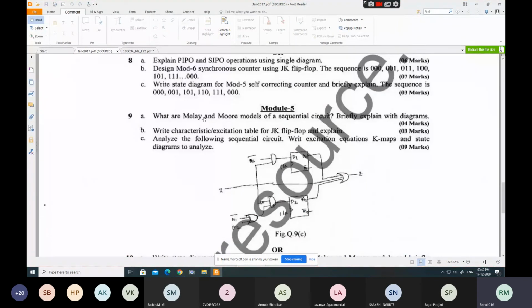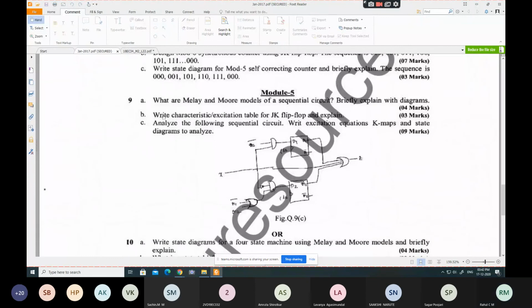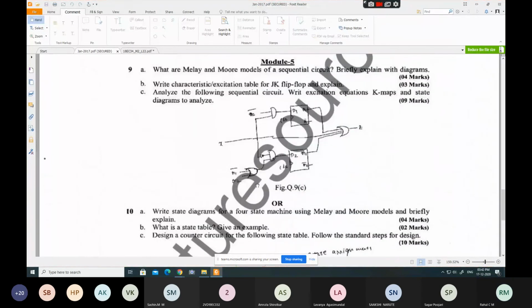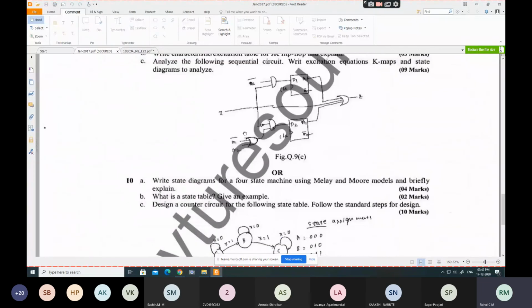What are Mealy and Moore models for sequential circuits? So we have to define Mealy and Moore models here and briefly explain the diagrams. This is done in the regular class. Characteristic equation or excitation table for JK flip-flop and explain. Analyze the following circuit for 9 marks. R1 and R2 are the inputs and X is the external input.